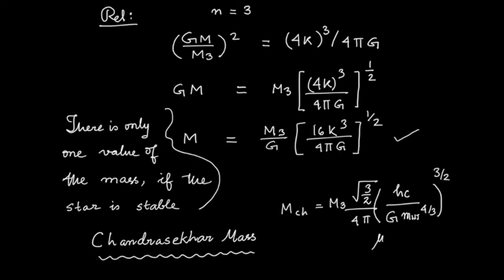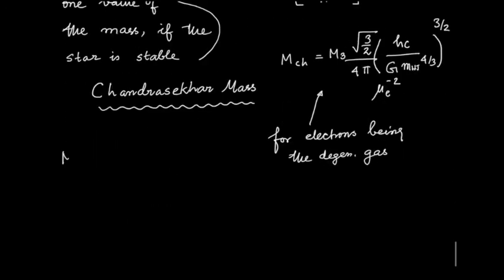This I am not deriving. This can be written putting the value of these constants. This comes out to be 5.83 mu e to the minus 2 in terms of solar mass.